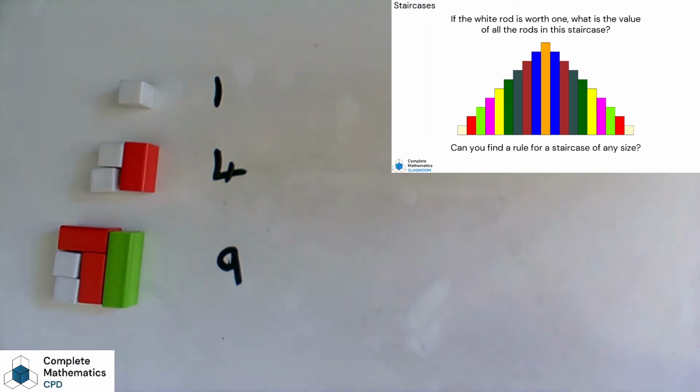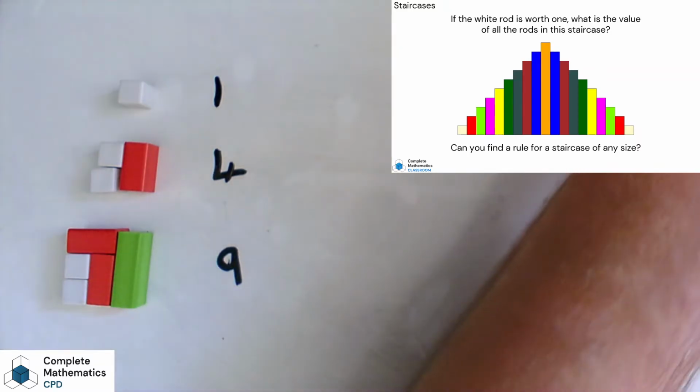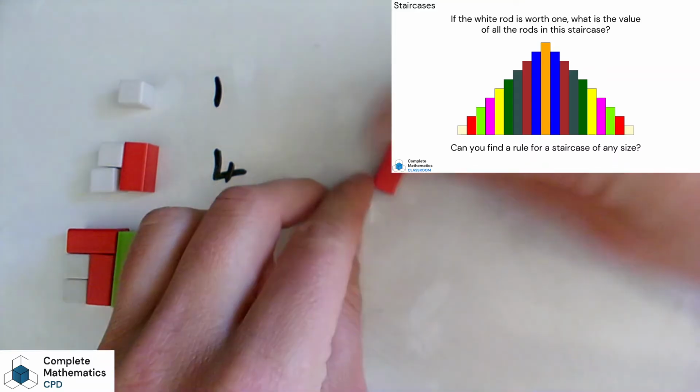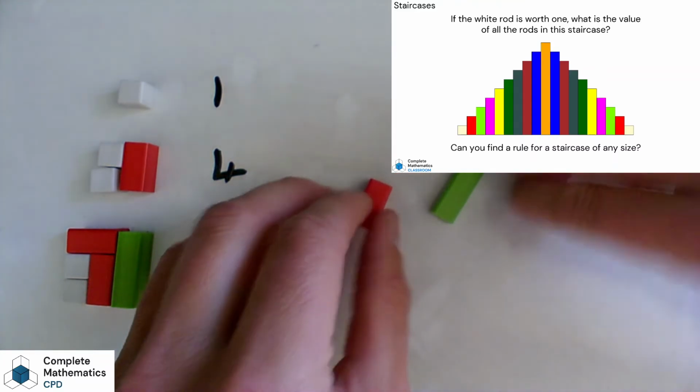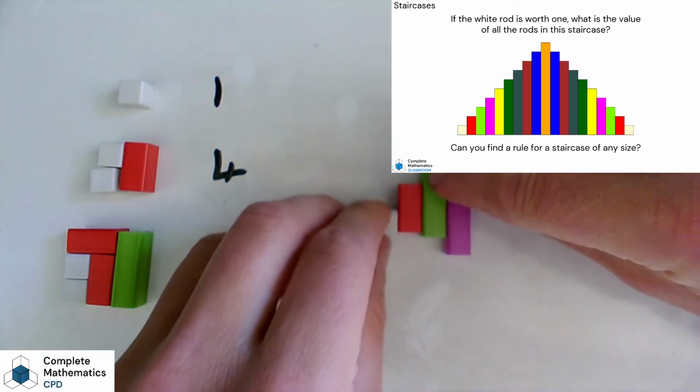So it appears to be the case that the answer to this problem, no matter how big the staircase is, always gives us a square number, which starts to explain why we got an answer of 100, 10 squared. We've made a conjecture here, so let's test it with the next staircase. So 1 plus 2 plus 3 plus 4, that takes us to the top of the staircase.